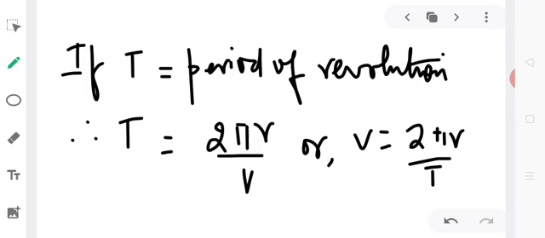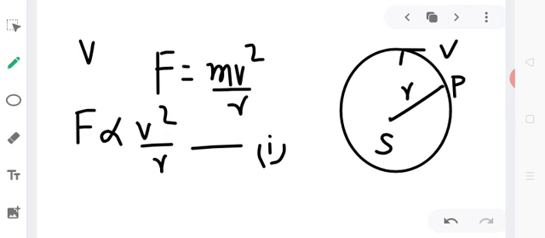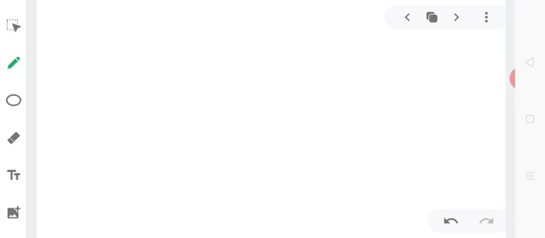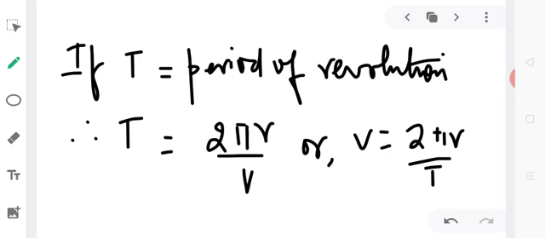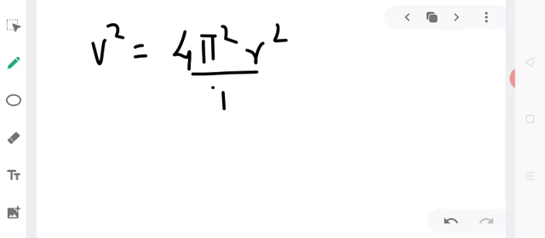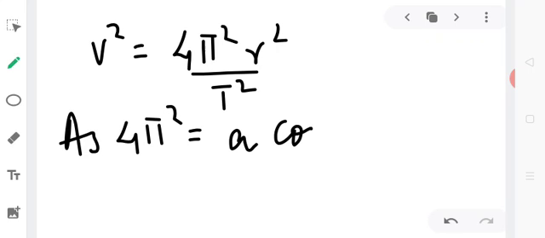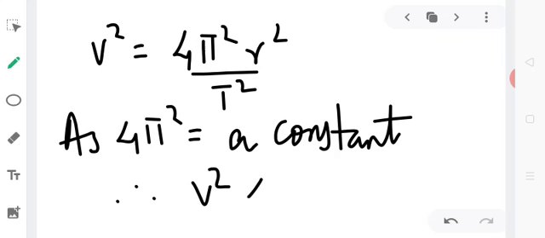Now, from the first equation we have F proportional to v squared by r. Let us square this term: v squared equals 4 pi squared r squared by T squared. As 4 pi squared is constant, v squared is proportional to r squared by T squared.